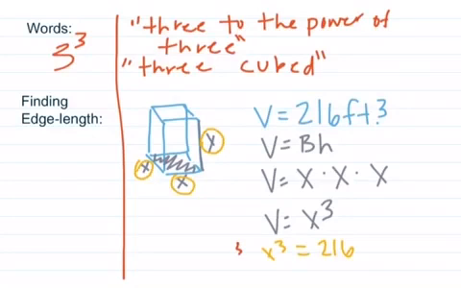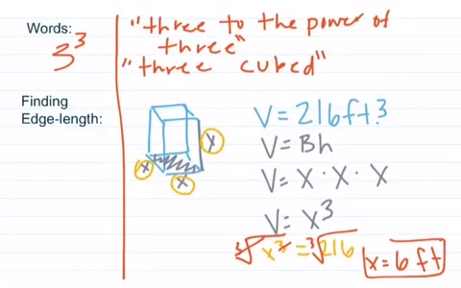Or we could use the cube root instead of the square root, the cube root, and that would cancel out. And then the cube root of 216. So after we kind of brainstorm, because we don't have a calculator quite yet, our answer is going to be each side length is 6 feet.